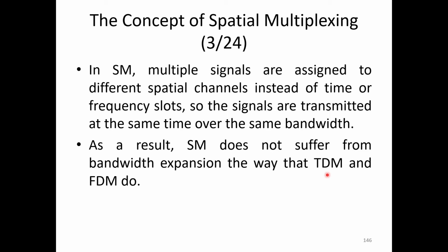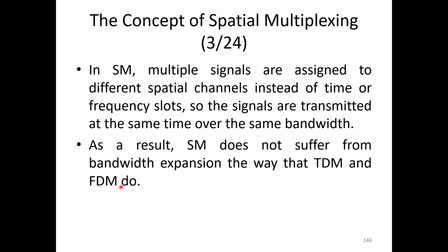So I need to divide the 1 second time slot into 10 smaller time slots. Okay. After doing this, I will expand my bandwidth tenfold. Okay. So the required bandwidth is about 10 times compared to the original bandwidth.